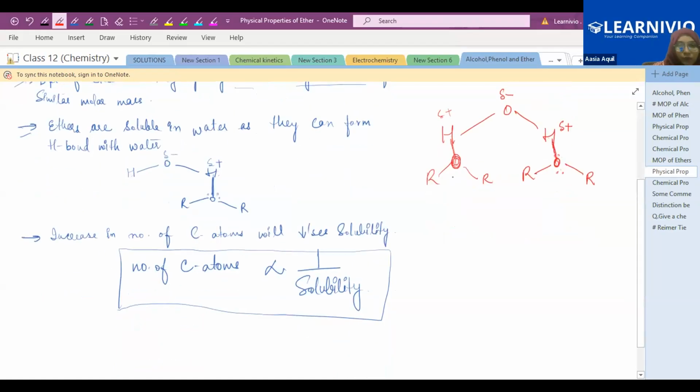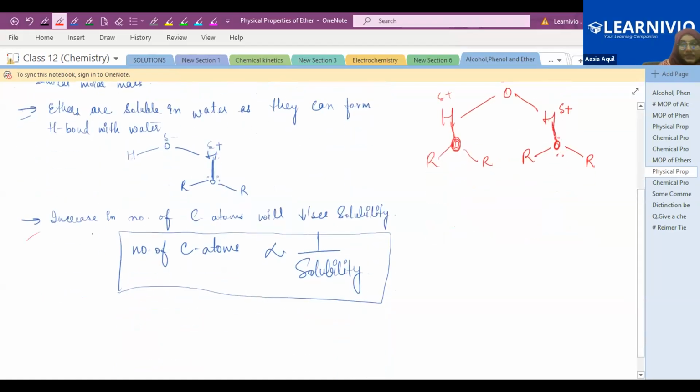Now, this is very important. Increase in the number of carbon atoms will decrease the solubility. Suppose this is your alkyl R group.